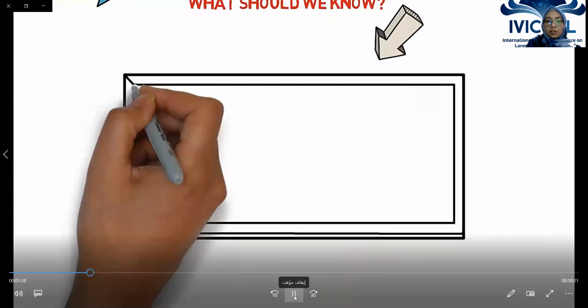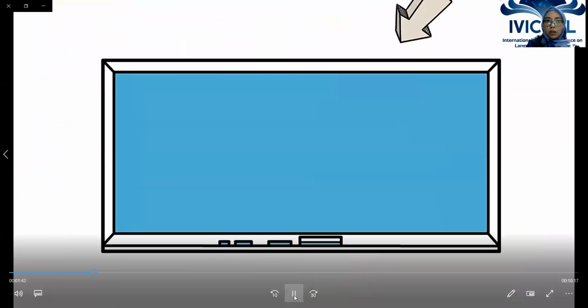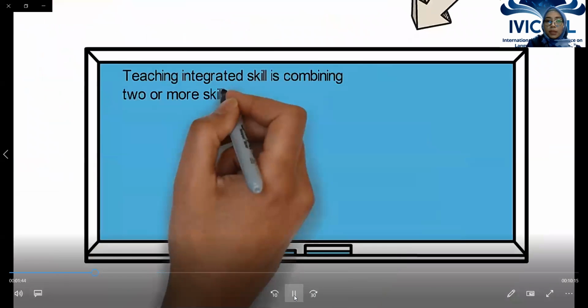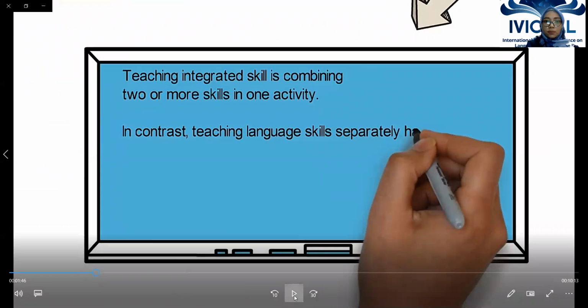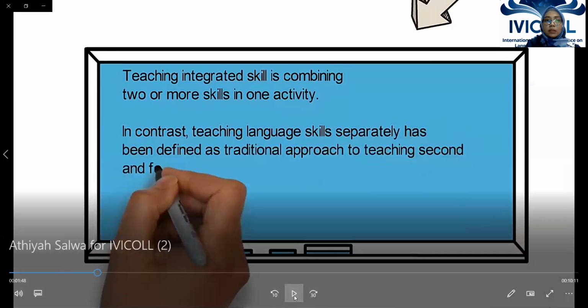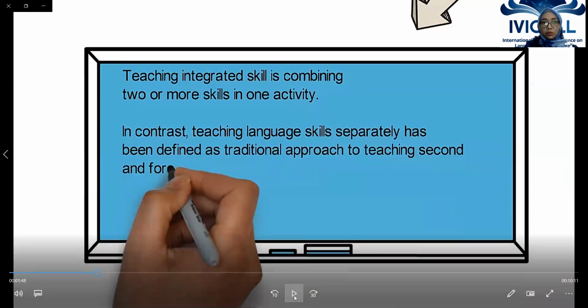Integrated skill instruction means, as you can see in the definition on my screen, combining two or more skills in one activity or one instruction. So in integrated skills, we can use language in a real life context. We can use language as a means of communication, not merely an object of academic study that students should achieve.